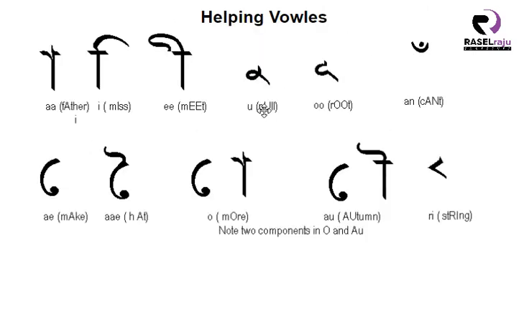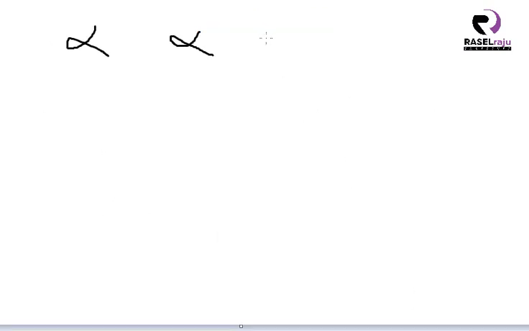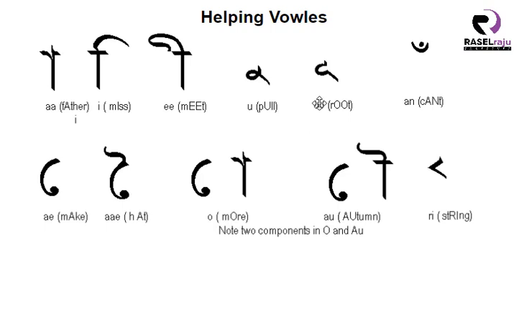It's U. How to write it? Simple, okay? It's U. How to write it? It's U.